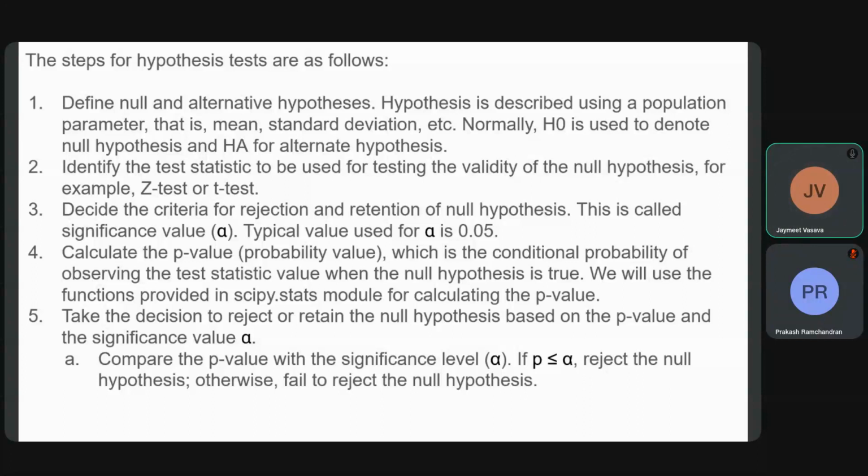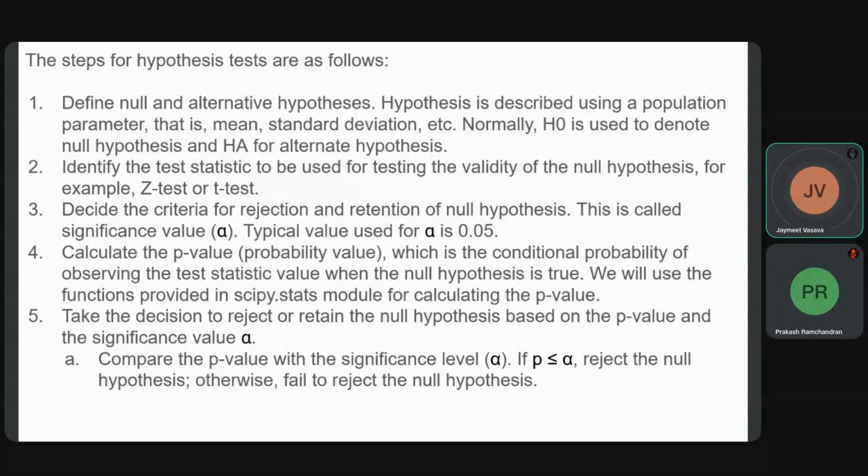Alpha's value is conventionally taken as 0.05 for normal case studies, but it can differ if the case studies are based on very critical studies like medical studies. In those cases, alpha's values are taken to be much smaller.